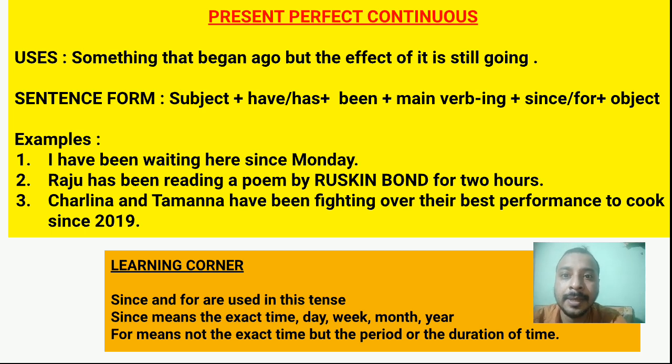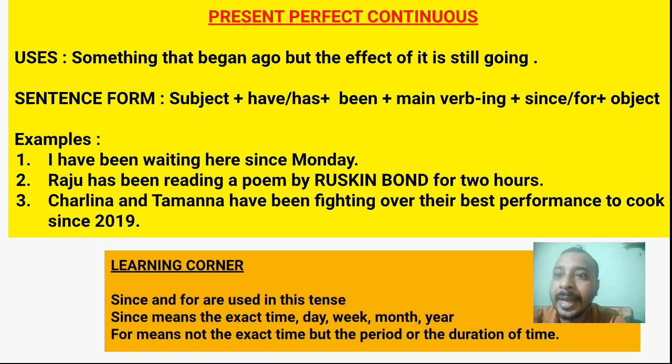For example, I have been working in Bongaigaon Higher Secondary School for many years. So my joining in Bongaigaon Higher Secondary School happened ago, means in the past, but it is still happening. So something that began ago and is still happening is present perfect continuous tense.